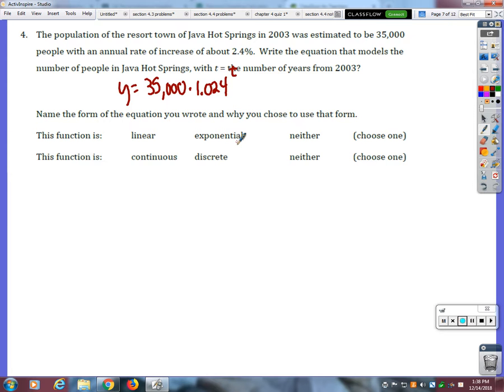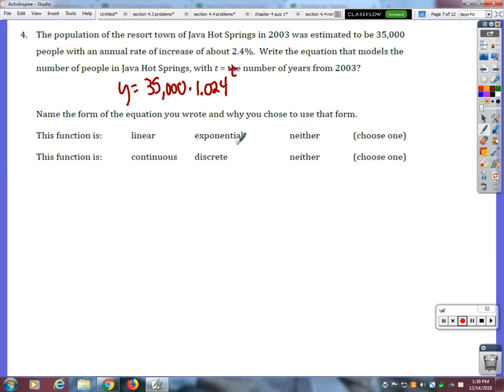I just wrote down what he said. Okay, so anytime you have a percent, you're really never going to write the actual percent in the equation. You're always going to change it into a decimal first. So that's where Luis got the 0.024, and then the 1 is because of the 35,000, the population that you had to start with. Okay.